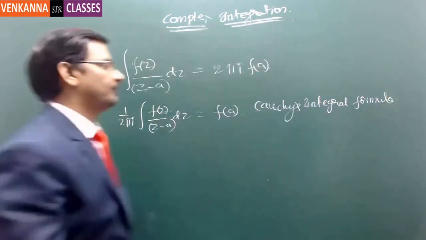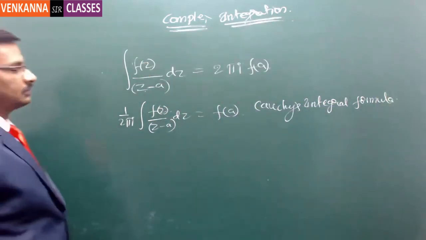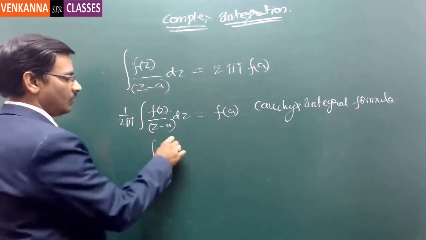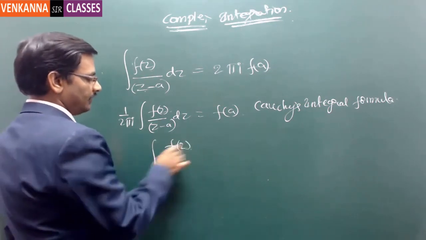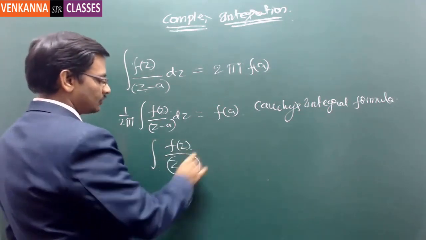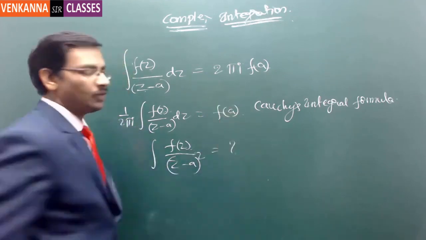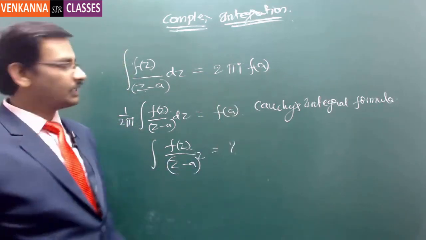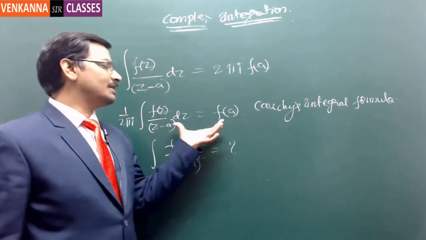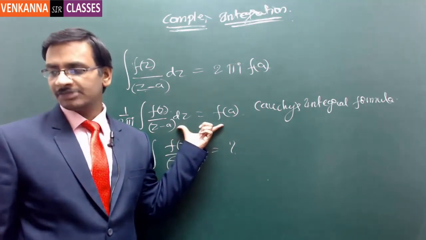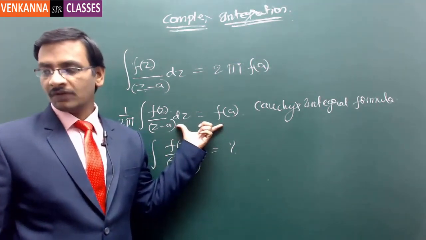Now in this, suppose there is an integral of f of z divided by z minus a whole square, how do you find it? For that, we take the derivative of this function with respect to a, not with respect to z.